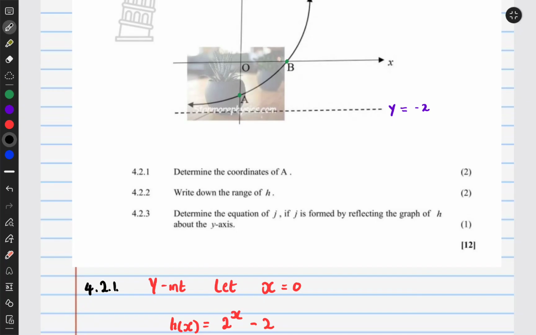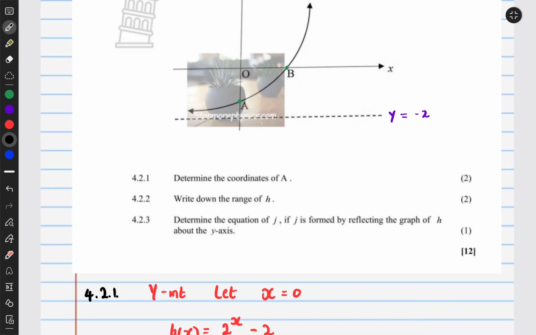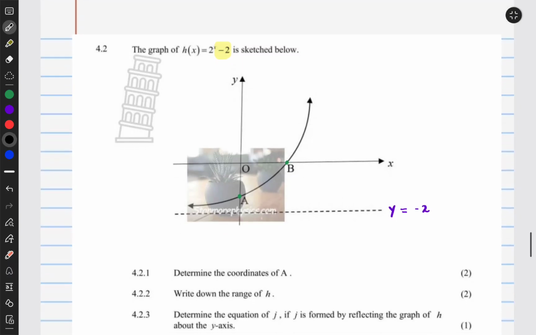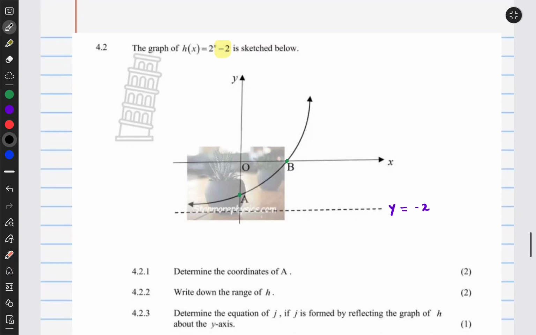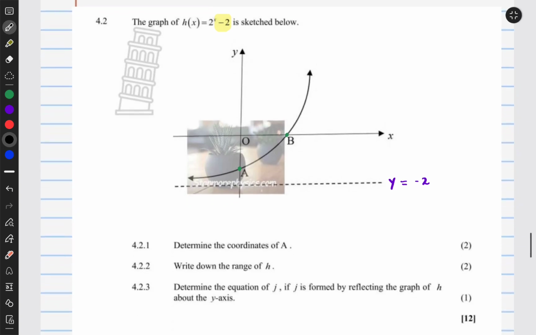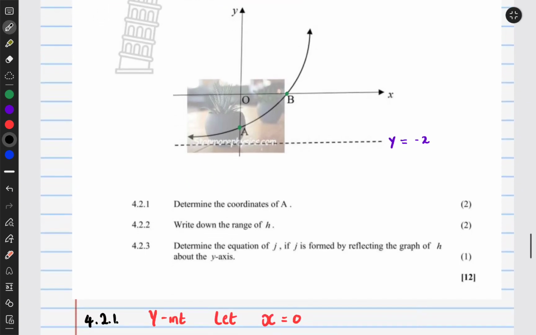We are asked to determine the equation of j. Okay, so we have to reflect this graph now about the y-axis.